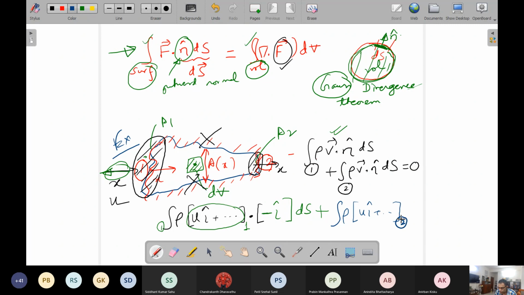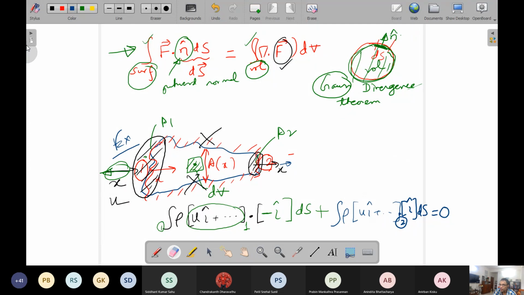Now for the surface 2, the outward normal to the surface 2 is positive x unit vector. So that is i. So sum total of this is 0. When you have sum total of this is 0, there is a dot product here. So dot, very, very important. So now, okay, let me free up some space here. Write the simplified form here.